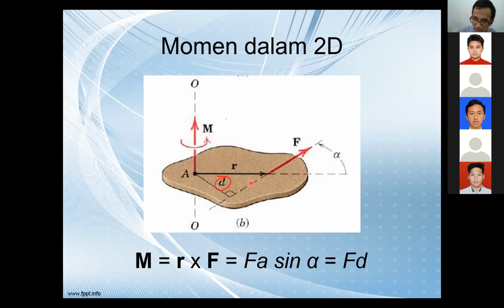So the basic concept is, actually you don't have to remember this equation. What you have to remember is about this. But remember, d is a perpendicular distance. So you cannot use a distance like this, which is not perpendicular.